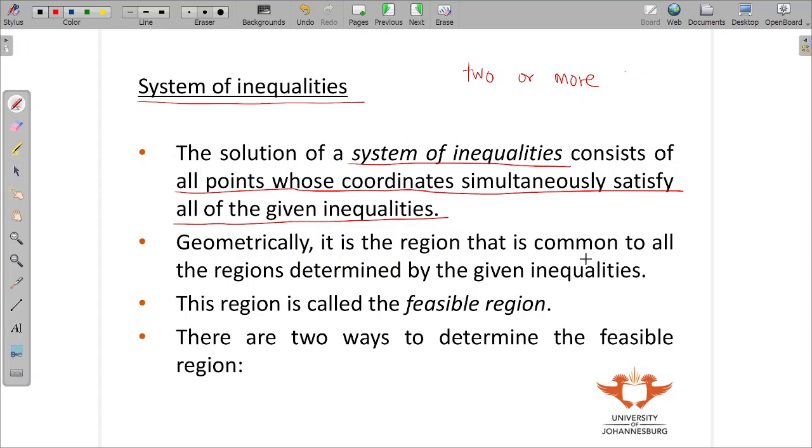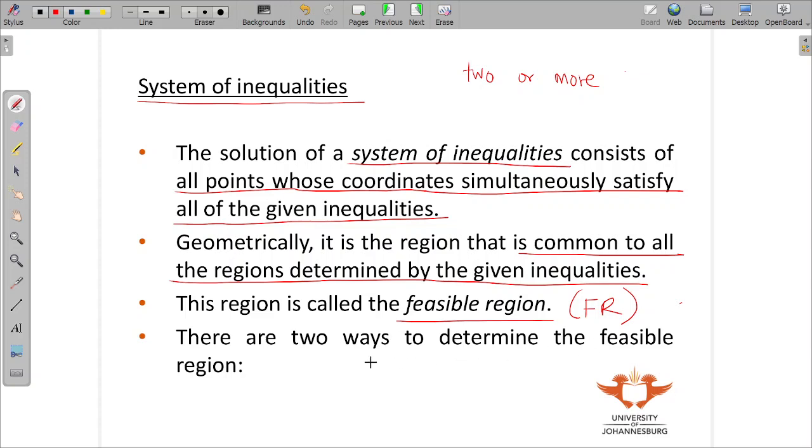Geometrically, it is the region that is common to all the regions determined by the given inequalities. This region is called the feasible region.